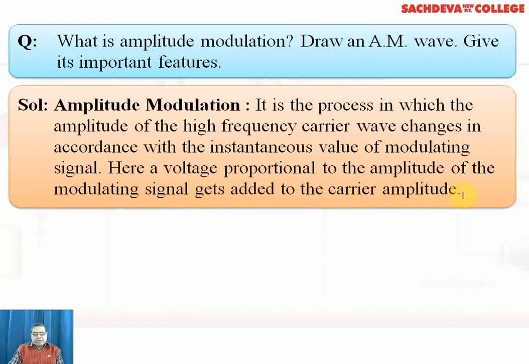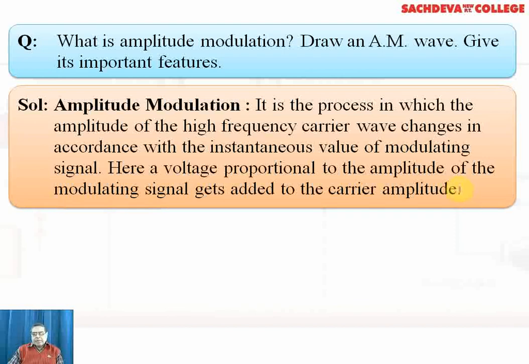So carrier means radio wave and it has got an amplitude. So what exactly we have to do? We are using here a term that is modulation, and then we are also using the carrier amplitude. Carrier means radio wave and amplitude means the amplitude of the radio waves.